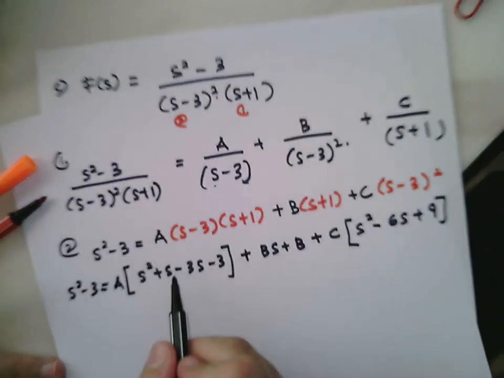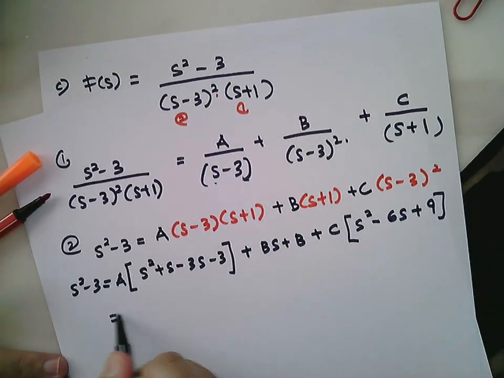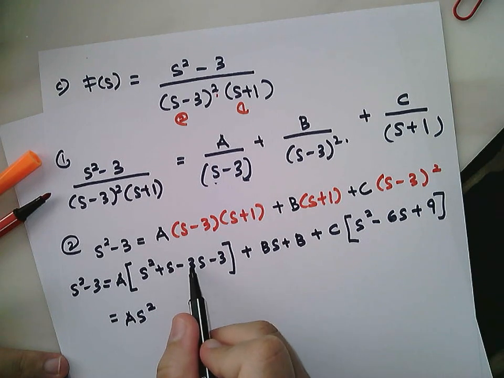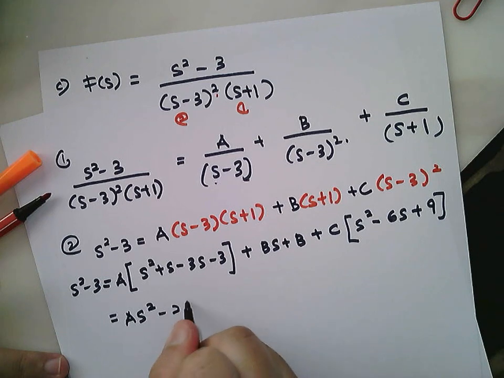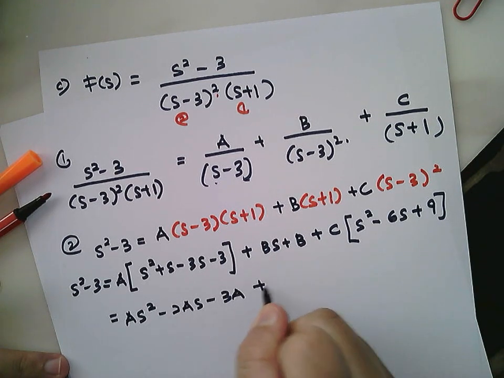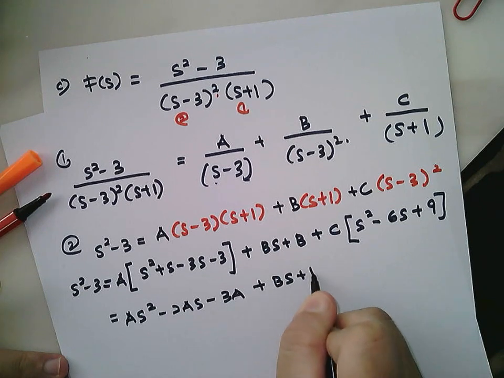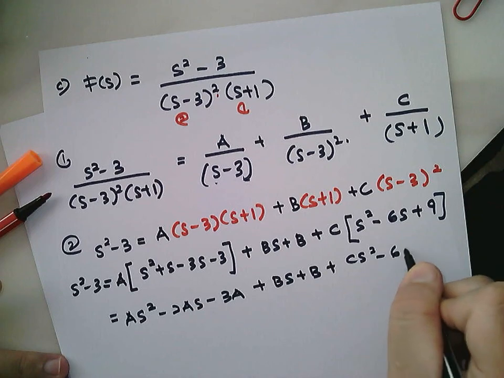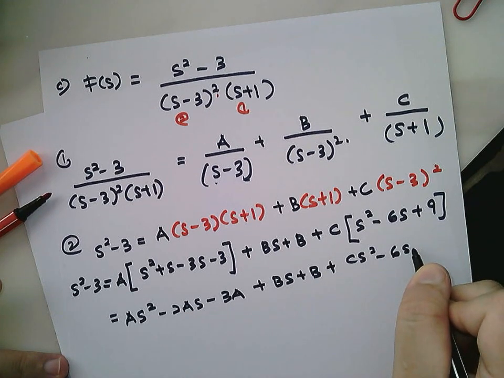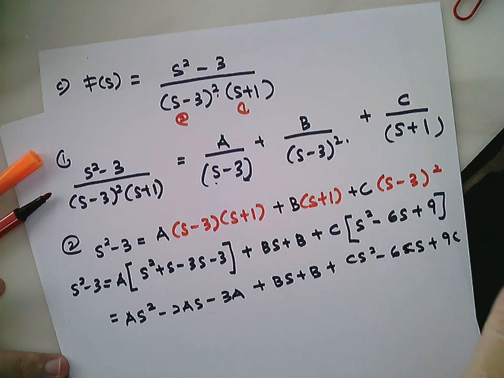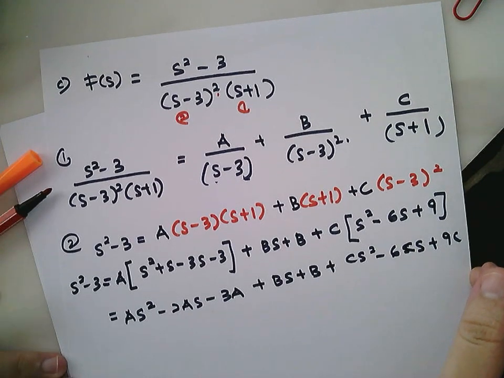So expanding gives you As squared, and 1 minus 3 gives you negative 2, so negative 2As minus 3A plus Bs plus B plus Cs squared minus 6Cs plus 9C.